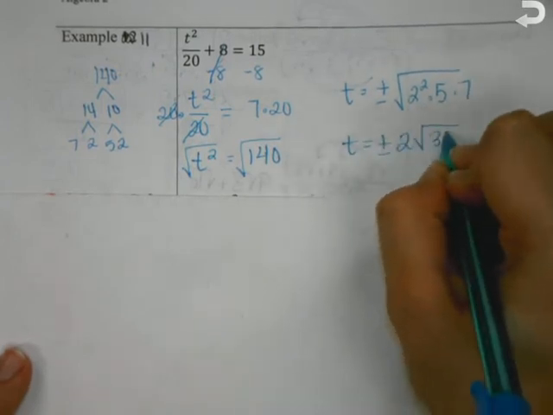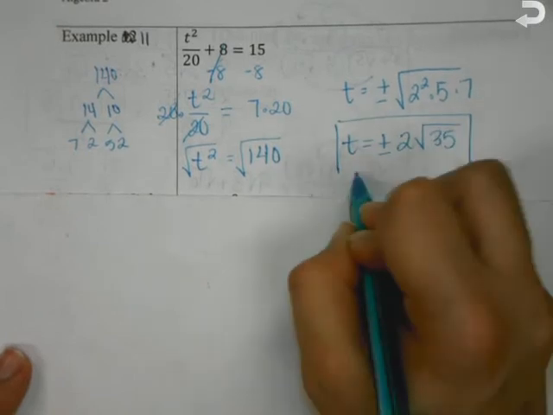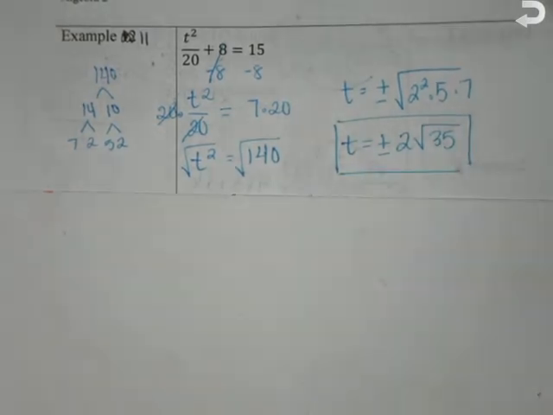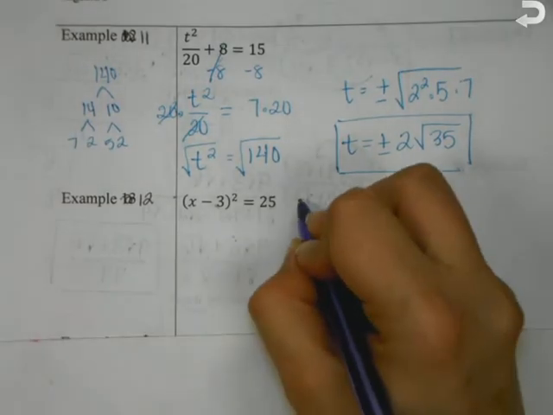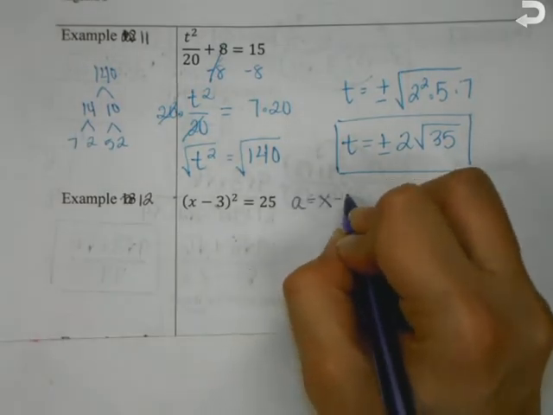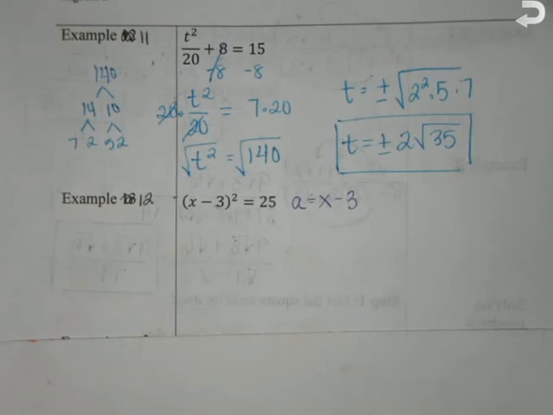Example 12, x minus 3 squared equals 25. This looks way different, but similar. When we had something in parentheses, what have we done before? Substitute in. So if I let a equal x minus 3, that's going to give me a squared equals 25.